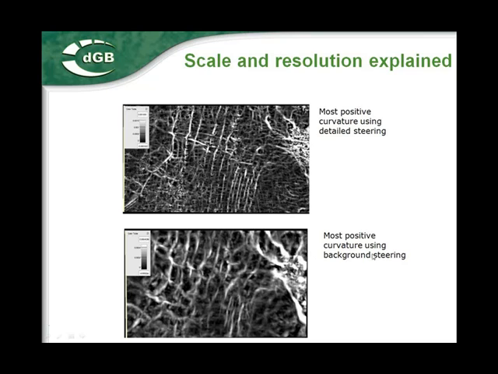However, if we use the curvature using a background steering, we only see the major fault trends remaining. And actually what is interesting is that we now see the flexures in these layers caused by the deeper salt much more prominent. So playing with the different scales, we see different amounts of detail in this attribute, but we also see different geological features highlighted.